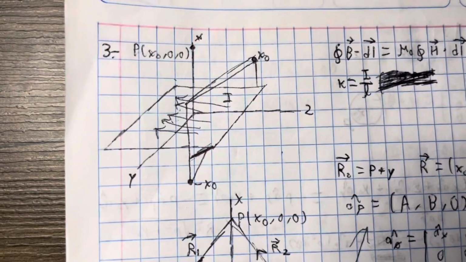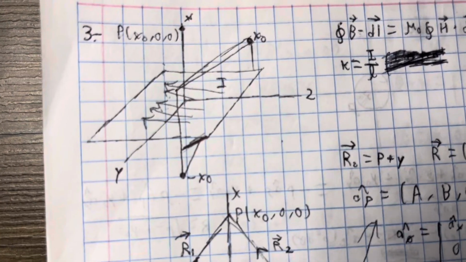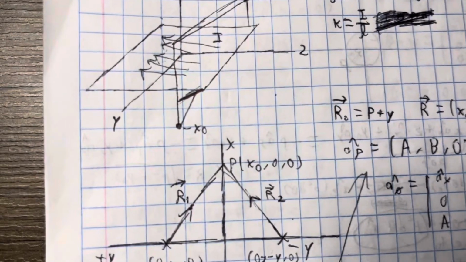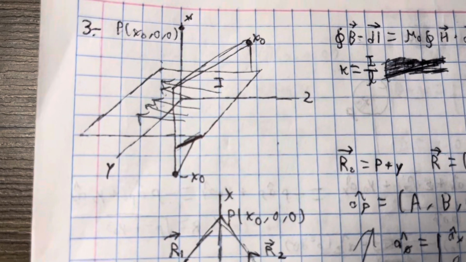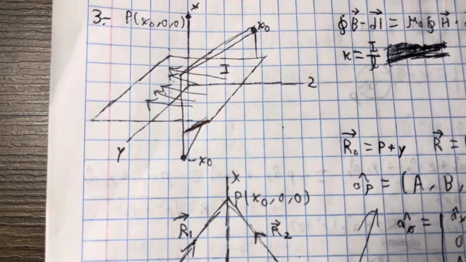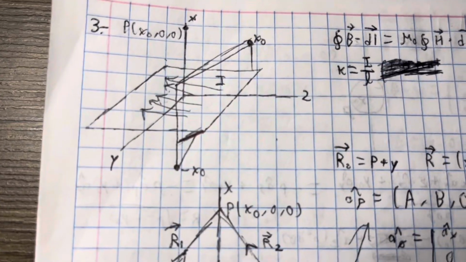Okay, now discussing briefly this in comparison to a current carrying wire, this sheet produces a magnetic field that is uniform, not depending on distance from the sheet, and also that is discontinuous across the sheet with different field directions and all that.